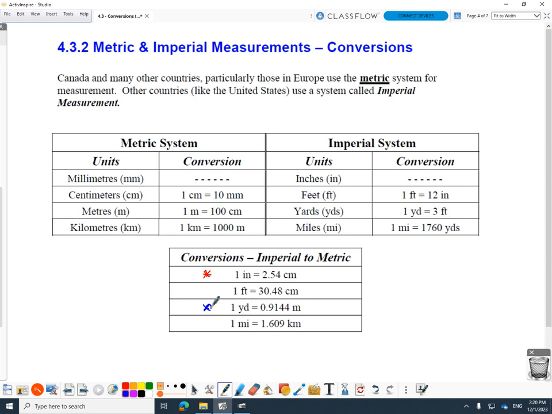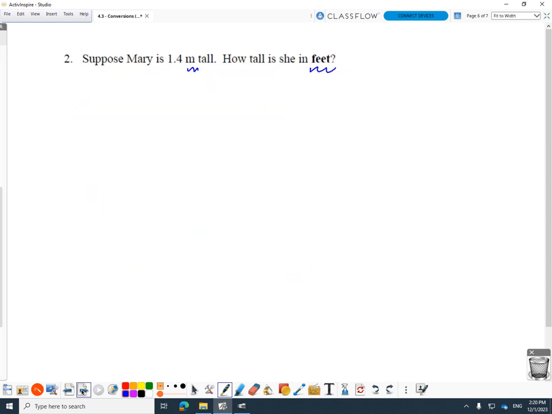So we need that 1 yard is 0.9144 meters.